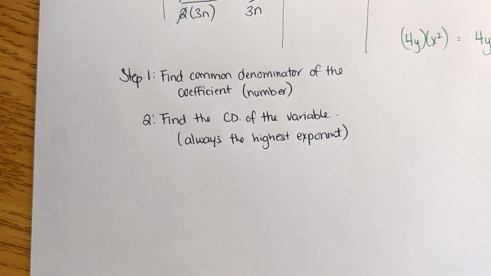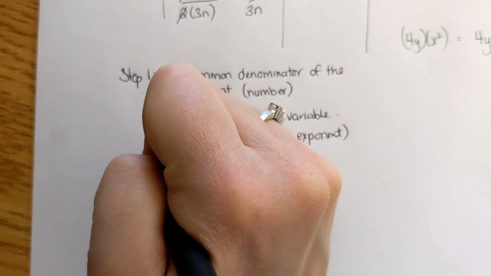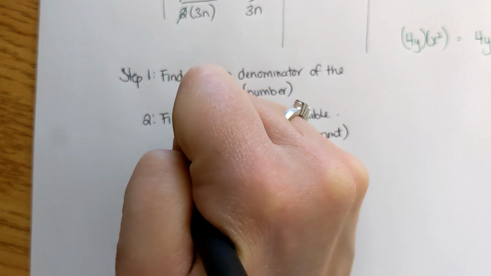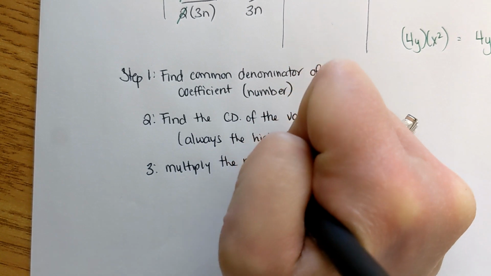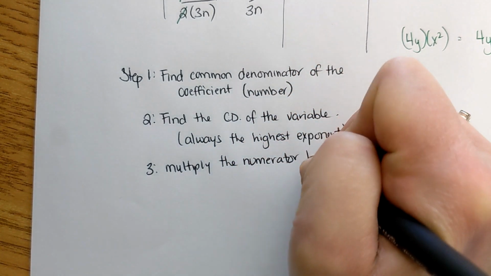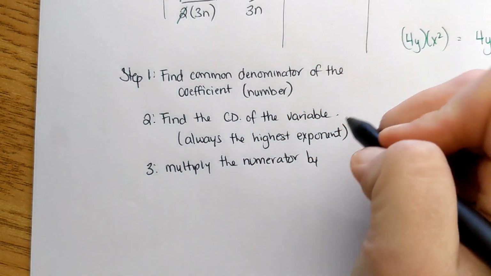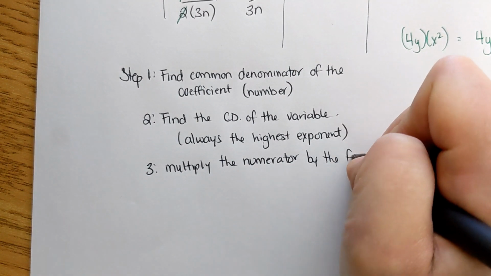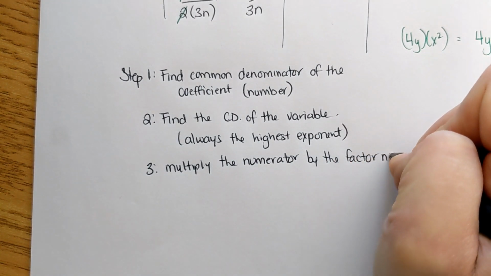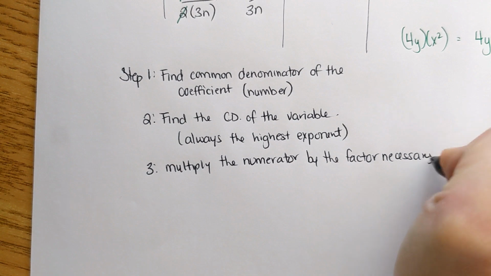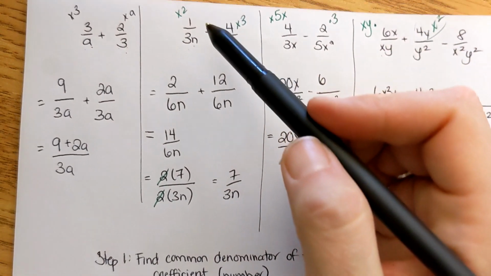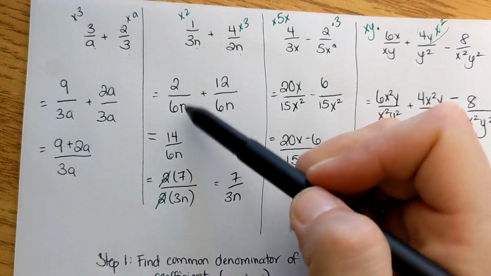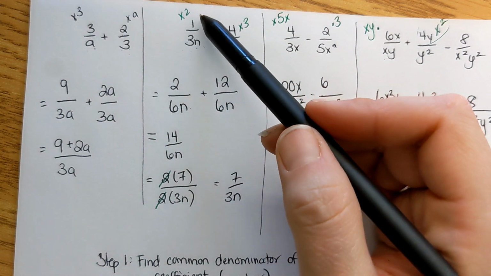After you've done that, you have your common denominators, then you're going to multiply the numerator by the factor necessary. Okay, so whatever you needed to do to get that 3n to be 6n, you have to do the same thing to the top.